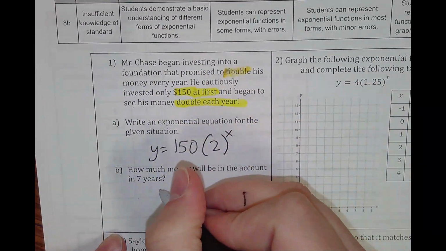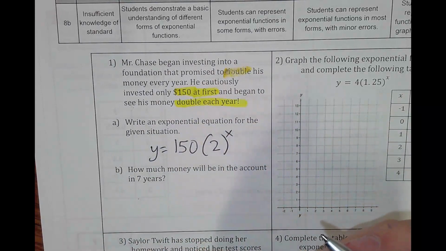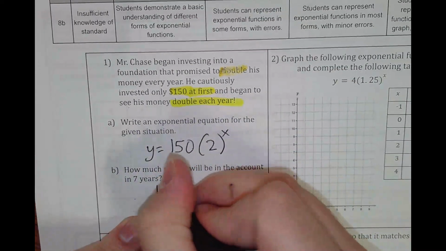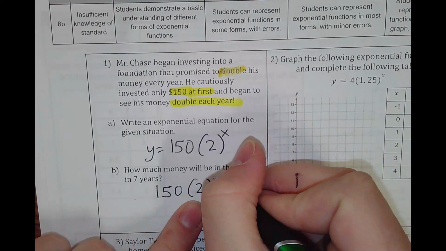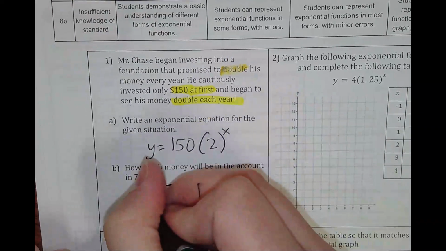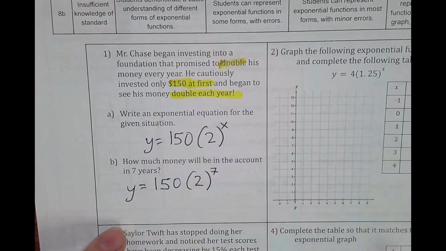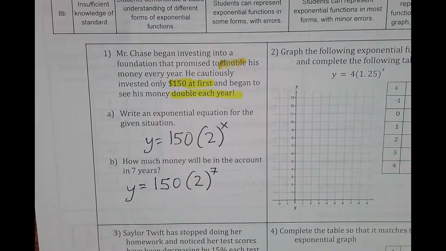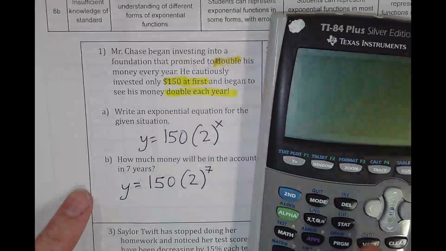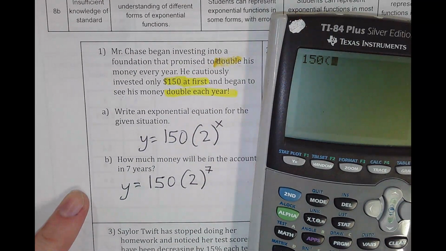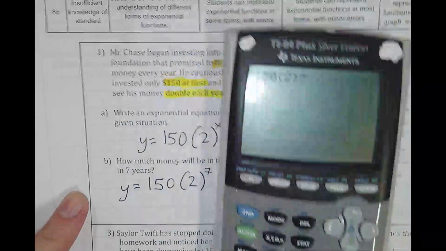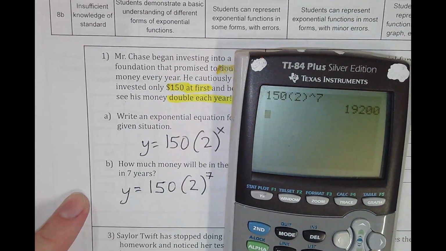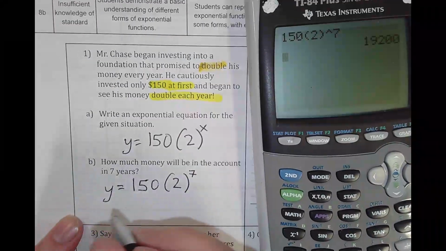How much will he have in his account after 7 years? We will go ahead and insert the number 7 into our equation, giving us an answer of, let's see, we can put this into our calculator. 150 times 2, the caret button, to the power of 7, giving us an answer of $19,200.